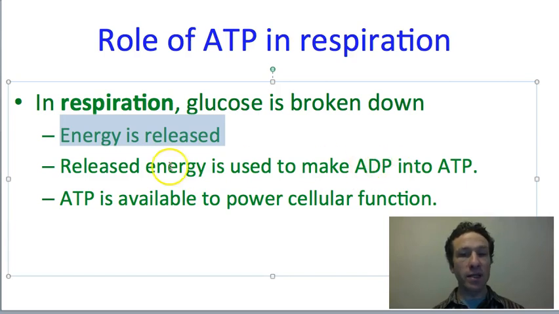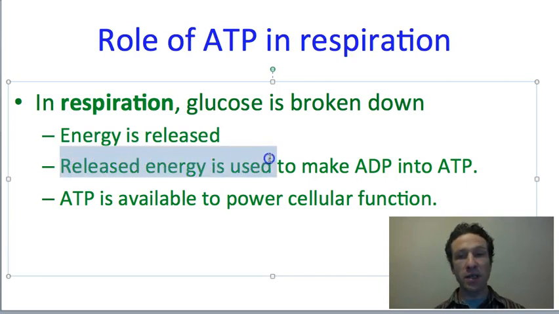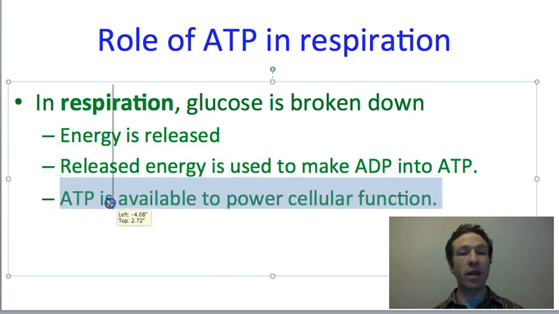Again, ATP is going to be our intermediary. So as glucose is broken down, energy is released, and that energy is used to make ADP, that low energy form, into ATP, the high energy form. That ATP then will be used to power whatever processes in the cell need to be powered.